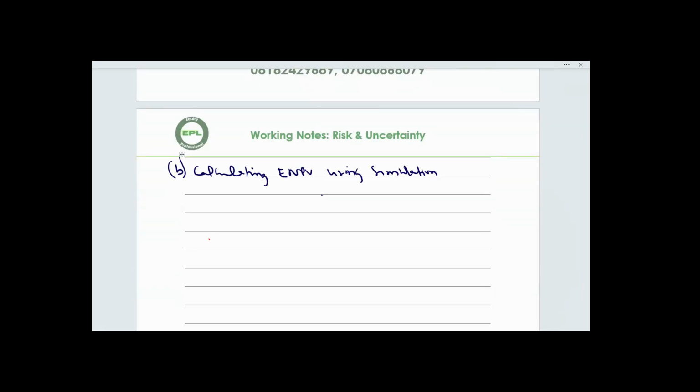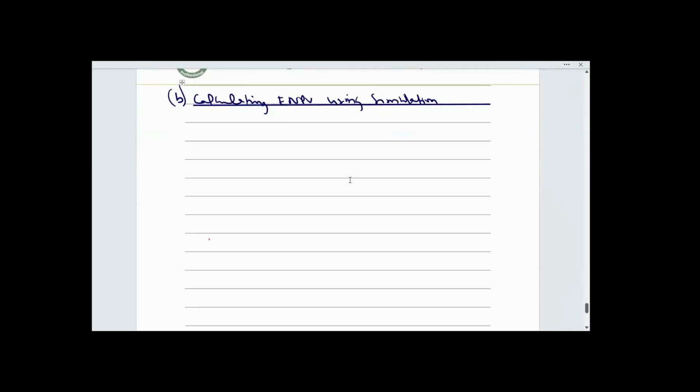So what are you supposed to do? First, you simulate for each variable of cash inflow and cash outflow. You then use your simulation result to compute the NPV. The result is known as expected NPV using the simulation method.